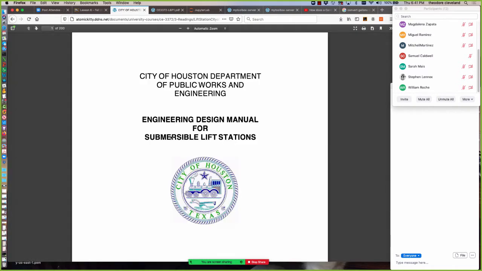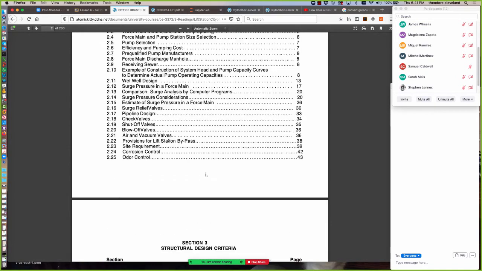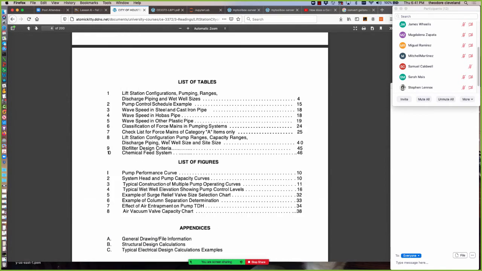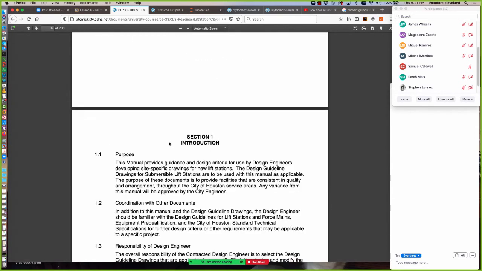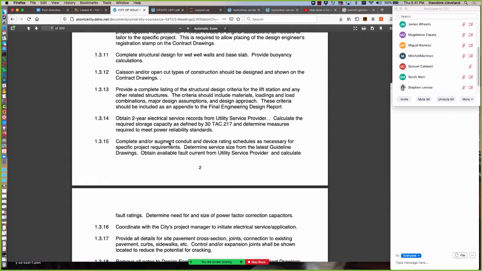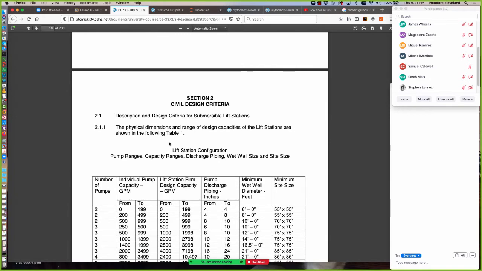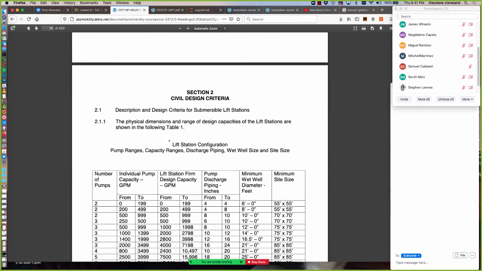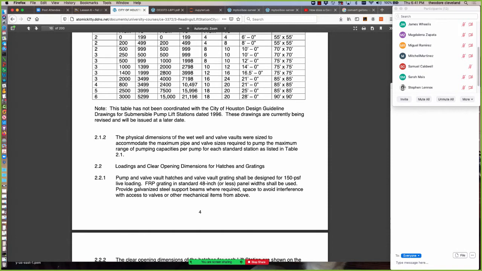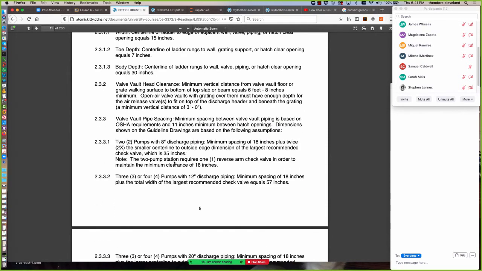This is a 2011 manual from the City of Houston as representative of a lift station design manual, and literally goes through almost everything you would need to be able to do to design a lift station, including the hydraulic machinery selection, as well as the vault box in which it would be placed.